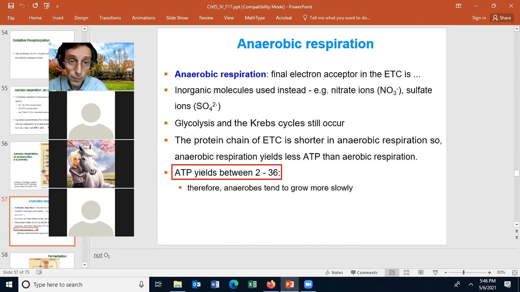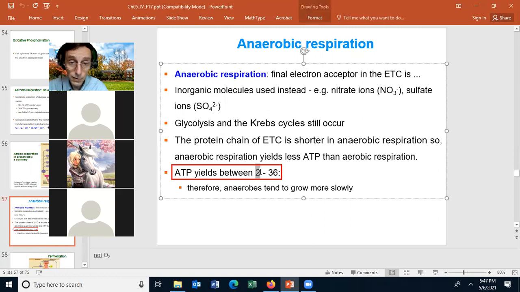Now, it depends on which form of anaerobic respiration we're talking about. The ATP yield can be between 2 ATP molecules per molecule of glucose, up to 36 molecules of ATP produced per molecule of glucose. And like I said, it depends on what form of anaerobic respiration we're talking about.